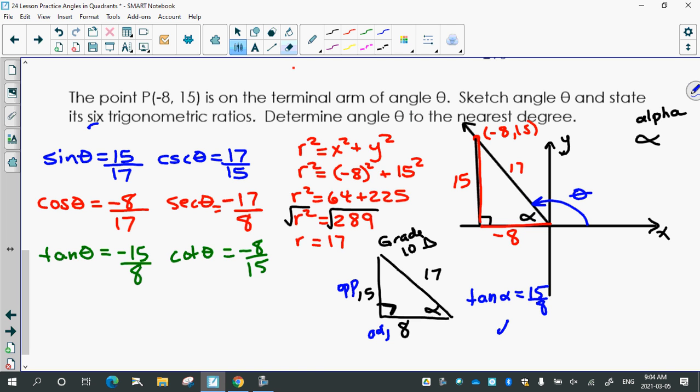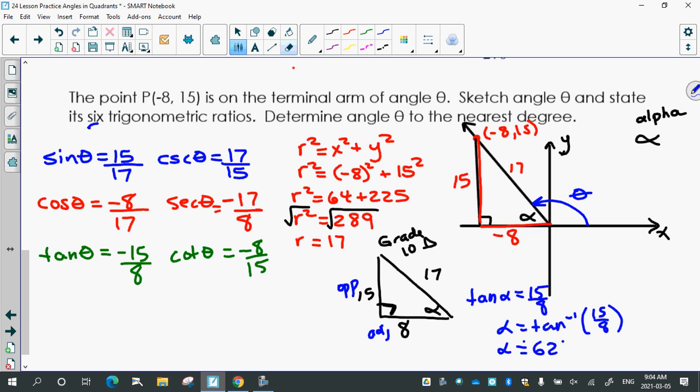Alpha is going to be the tan inverse of 15 over 8, or approximately 62 degrees.